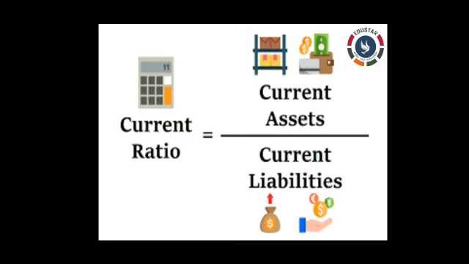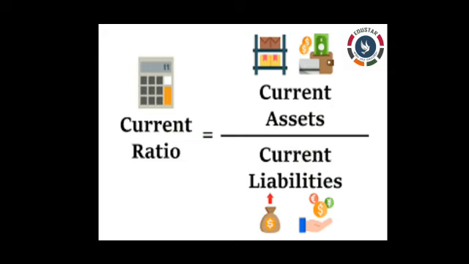What are current assets? Which items can be included? We can include current investments, inventories, trade receivables, cash and cash equivalents, and prepaid expenses, like that.